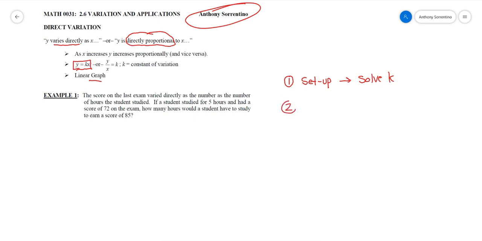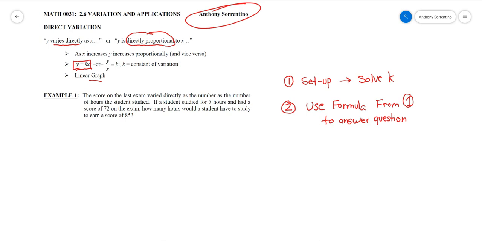The second is you use the formula you now have from stage 1 to answer the question. So it's not something where you can go directly to answering the question automatically, although some setups you might be able to do that. But generally, that's the process we're going to use to solve these.